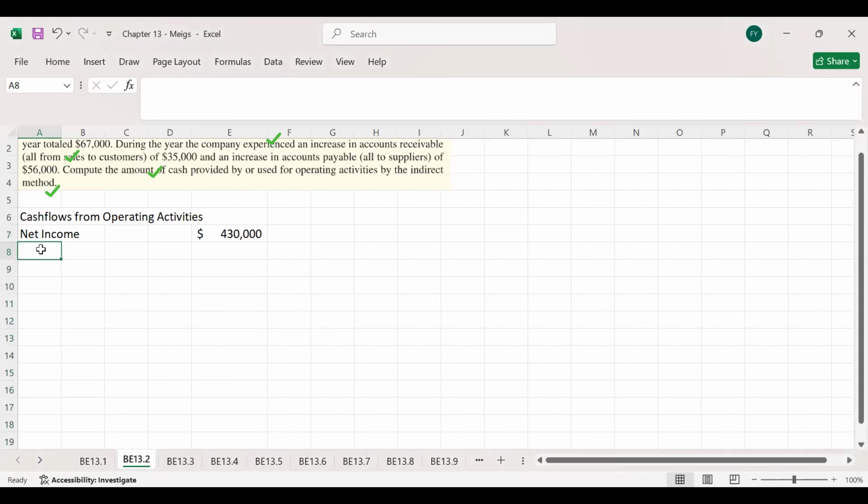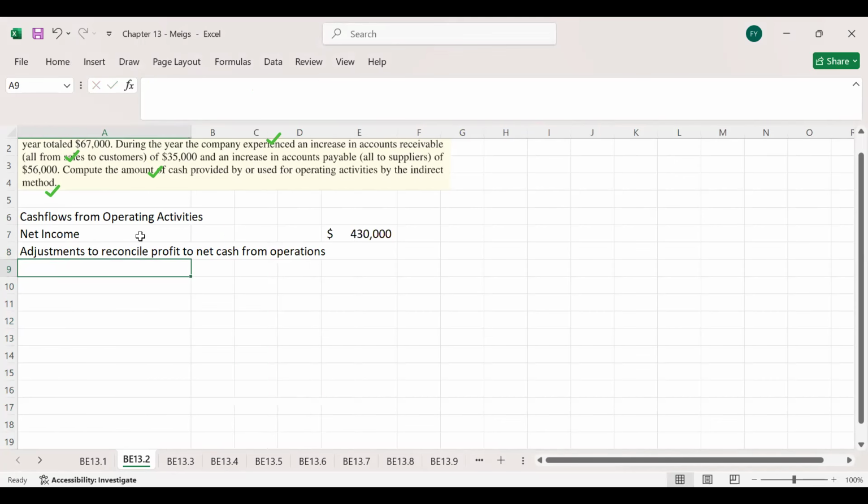Then we add back any non-cash expenditure in the net income, so the adjustments are required. Adjustment to reconcile profit to net cash from operations.